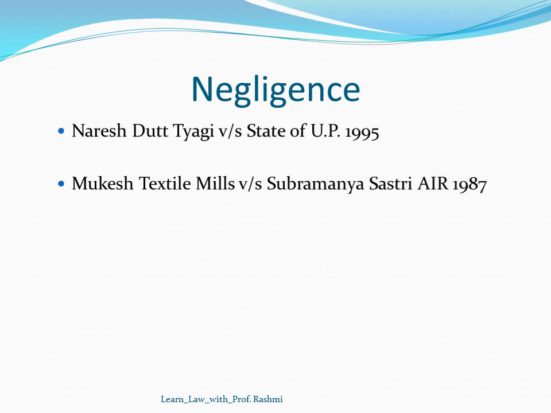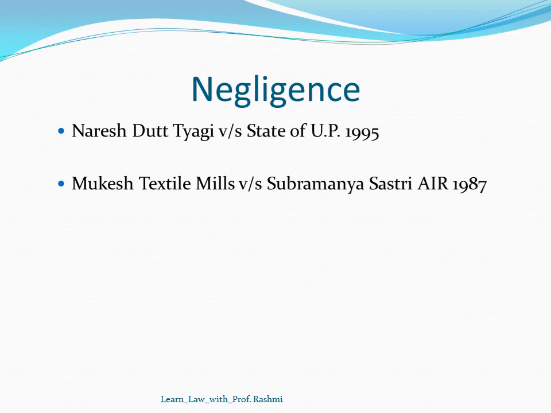Naresh Dutt Tyagi versus State of UP, 1995. So what had happened in this case is that there was a godown in which chemical pesticides were stored, and this godown was in a residential area. The fumes from this godown, because of the chemical pesticides, emanated and leaked into the other property through the ventilators, because you know that fumes, or air, cannot be kept at one place, it is going to travel from one place to another.